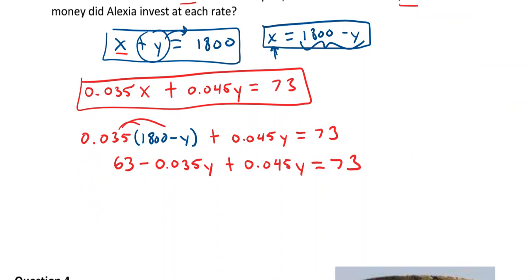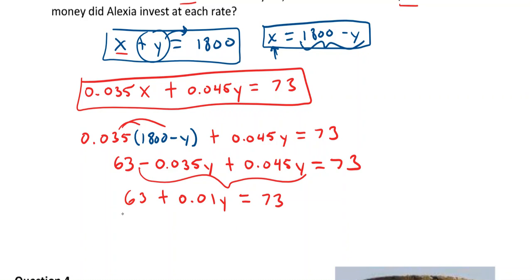Now we are going to collect like terms like normal. So we've got 63, and then negative 0.035y plus 0.045y. That's like 0.045 minus 0.035, so you just end up with positive 0.01y is equal to 73.